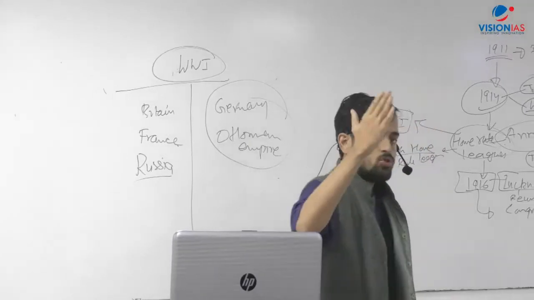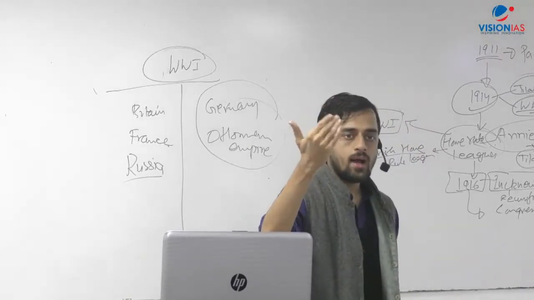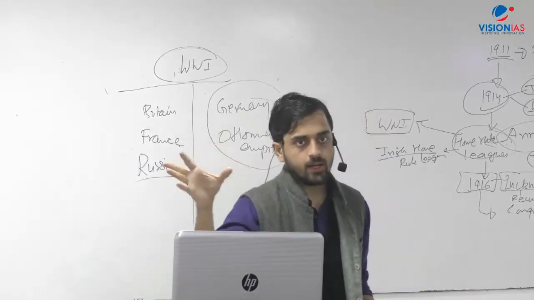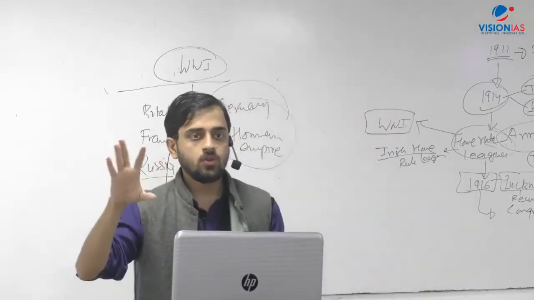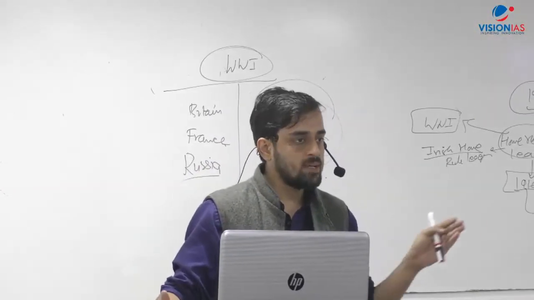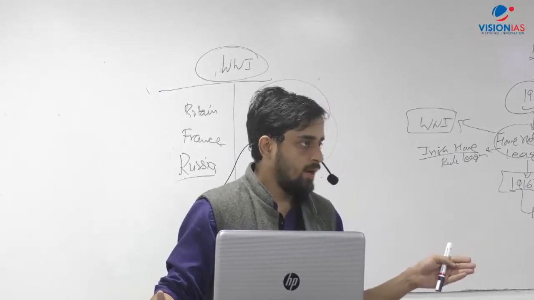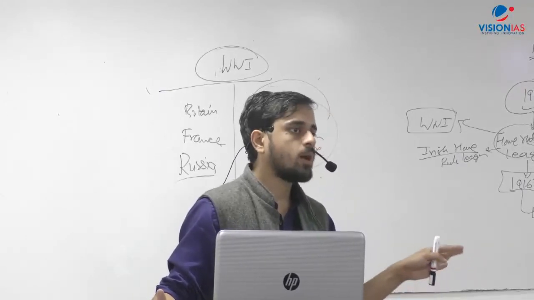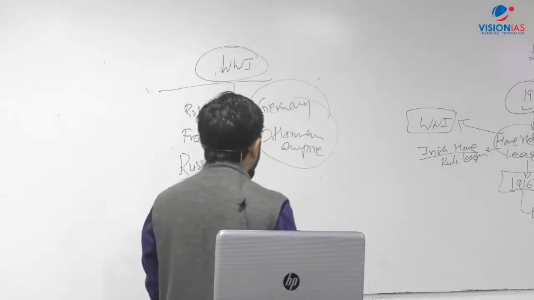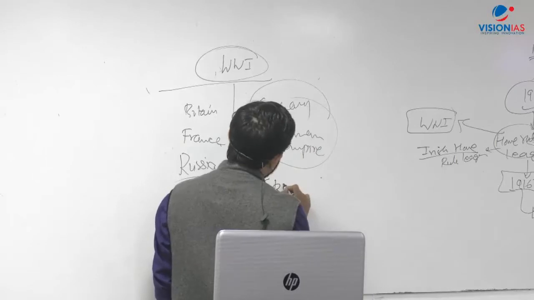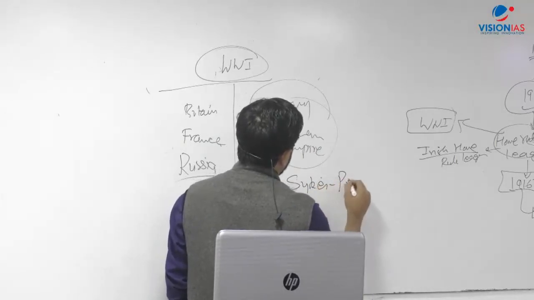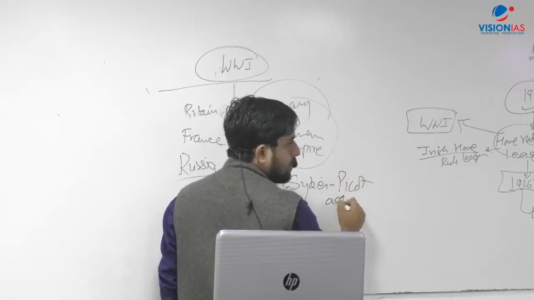So the Syria and Iraq portion, half of Syria and the adjoining part of Iraq, was to come under the control of the British, whereas the western part of Syria and Turkey, etc., was to come under the control of the French. So this is what you see in world history as the Sykes-Picot Agreement.